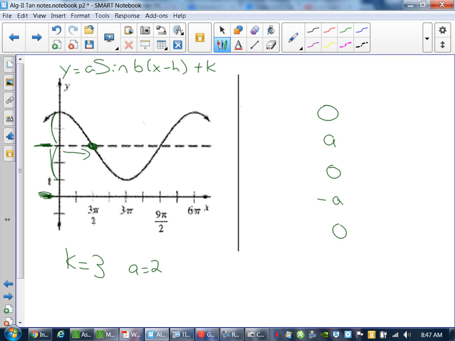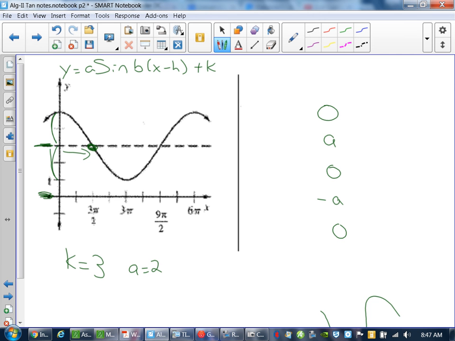Now, what I like to do a lot of times, if I give you a problem like this, is put in the parent function, doing something like that, so then you can figure out where it has moved to. Okay? Does that make sense? So in my mind, I'm thinking that it got moved to the right off of 0.